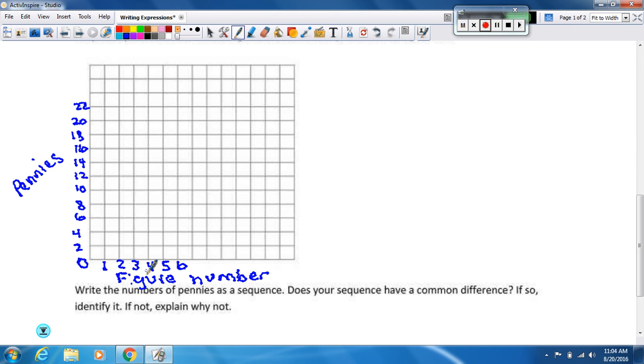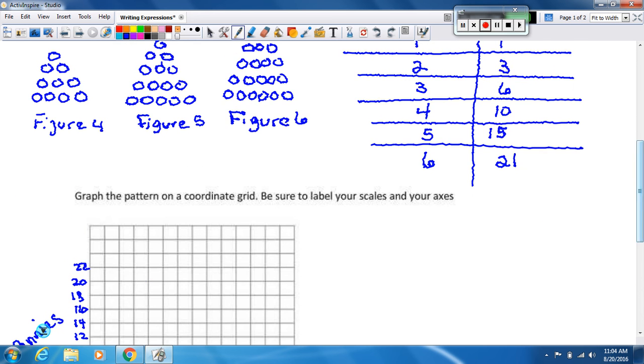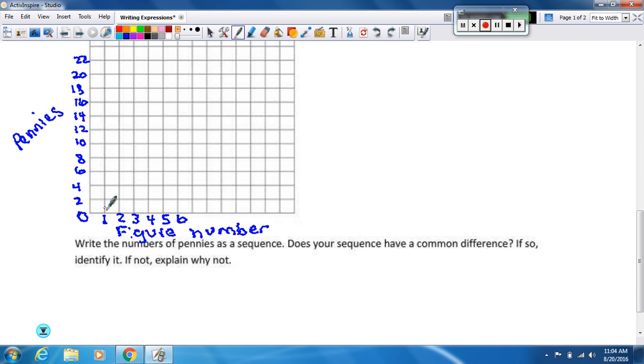So then you just follow your table. So 1, 1. So 1 on the bottom and then go up 1. That's about right here. And then for the number 2, you have to go up to 3. For the number 3, you have to go up to 6.